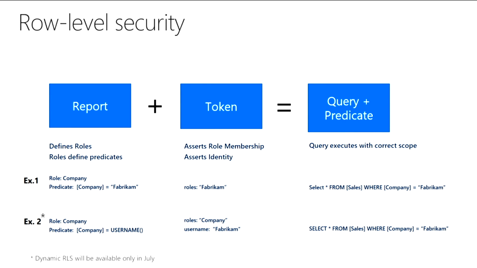Role level security. Whenever you would like to restrict the data returned to the end user, whether the end user is part of a role or the end user itself, you might set up role level security on the report level or on the data set level if it's external AS, for example. With this release, we will respect static RLS, meaning that the roles are predefined in the report and assigned to master users.